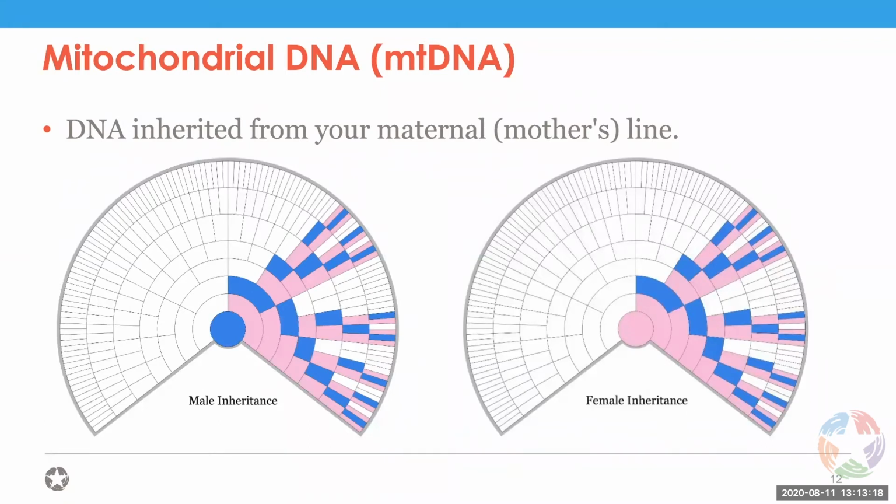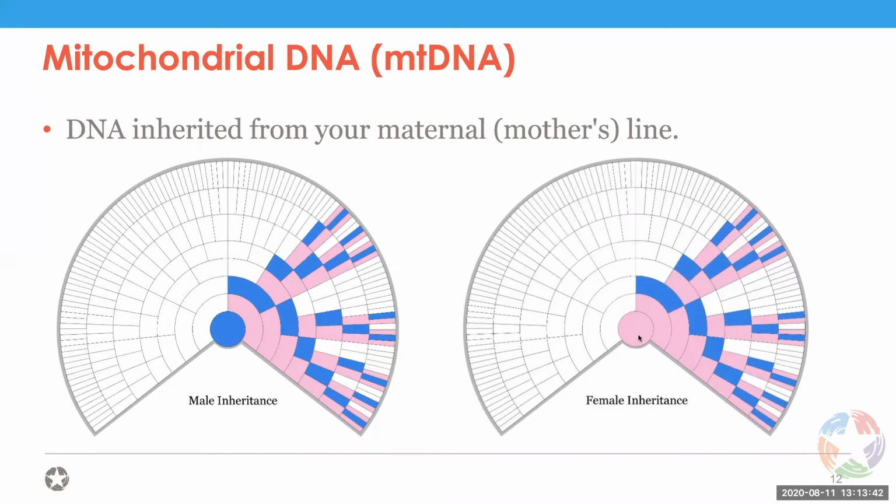This diagram, like we said, is a Venn diagram, and it's going to be used to plot your ancestors through inheritance. We have two different Venn charts here, and if you'll notice, they are the same. One has the male offspring in the center, and one has the female.